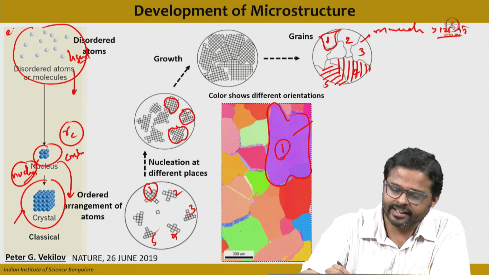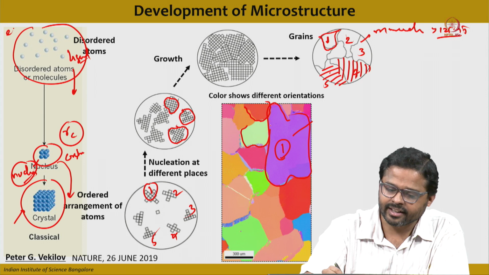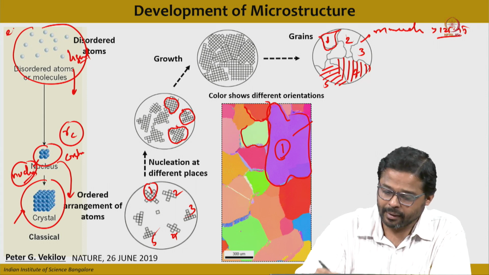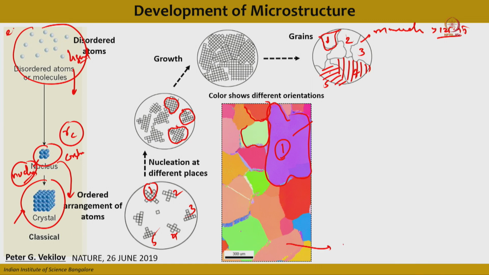Fine. And this red color will have a different orientation, this green color will have a different orientation, but overall the crystal structure of the complete microstructure is the same, only the orientations of the crystals are different, and these are surrounded by different grain boundaries.